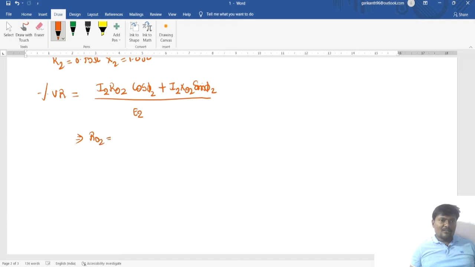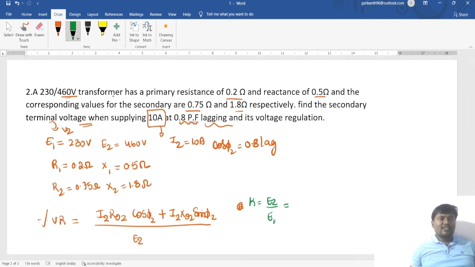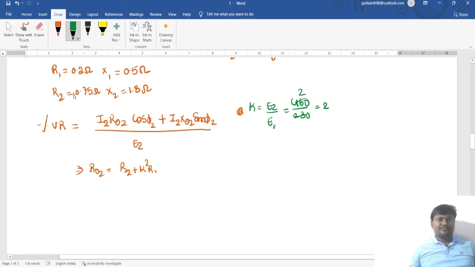The R02 is equal to R2 plus K square times R1, and from this we can calculate the transformation ratio, where K is equal to E2 by E1. 230 by 460 means it is a step up transformer. 460 by 230, the K value is now 2.